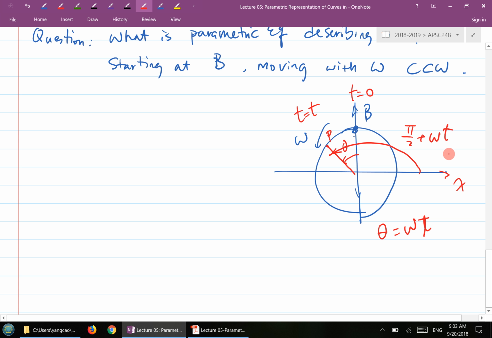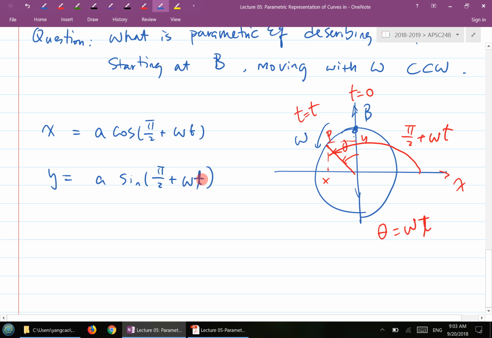That makes sense? Now if I use the same approach, what will be the x and y coordinates? You will see that x is a times cosine of (pi over 2 plus omega t), and y equals a times sine of (pi over 2 plus omega t). That's your x and y coordinates.